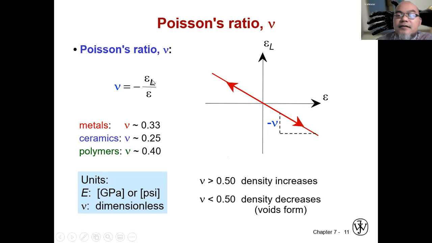It means that epsilon L, the deformation in the perpendicular direction, is more than half of the deformation in the tensile direction. However, when it is less than 0.5, like these three materials, the density decreases. Voids form between the atoms in that material.